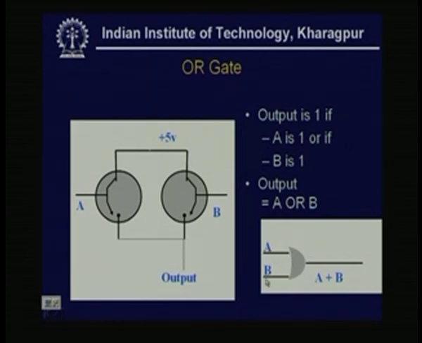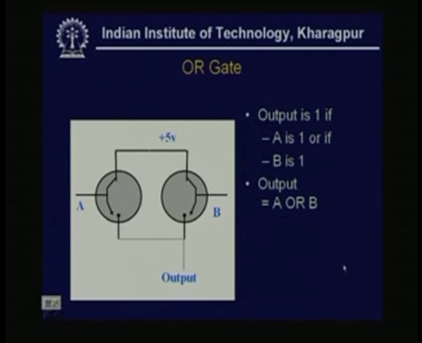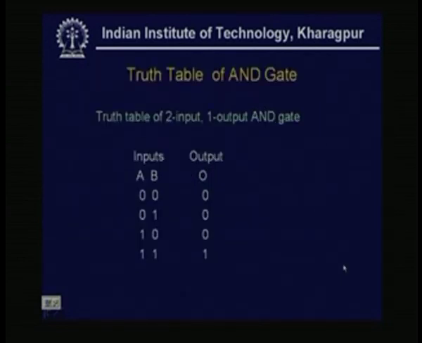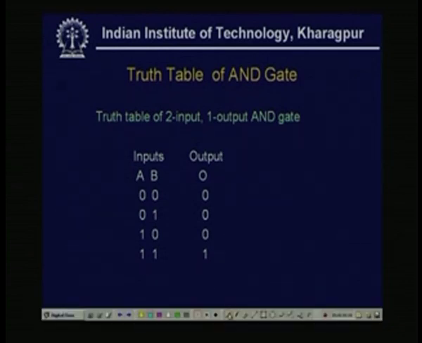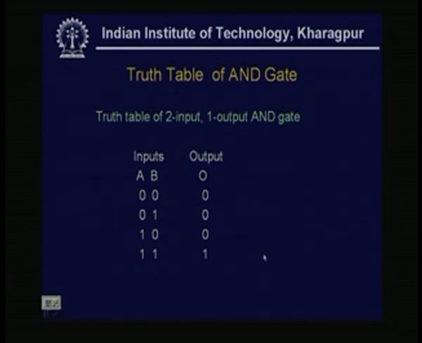The two inputs are A and B, and only one output, again this is a 2 input 1 output OR gate, and normally the notation is A plus B, and the AND gate normally is written as A dot B. So, for AND gate, A and B is A dot B, this is the notation, and for the OR gate this is A plus B.